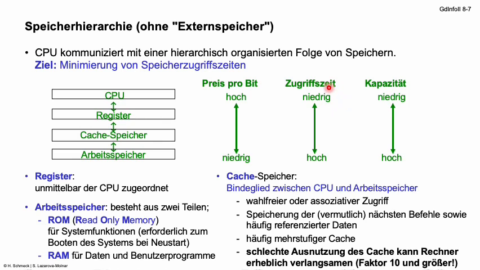This is the access time: it's much faster to access the registers and then the cache, and slower to access the main memory. The price also corresponds with the capacity, so the main memory is usually larger, and it decreases as you go further up. The registers have the smallest capacity.